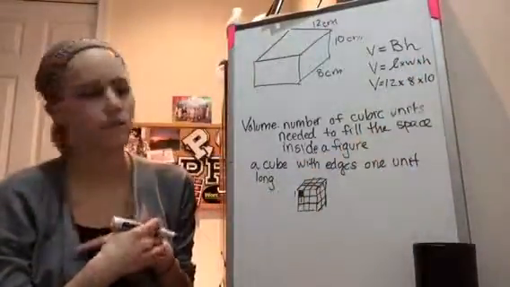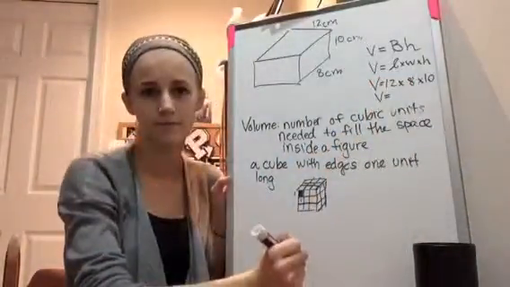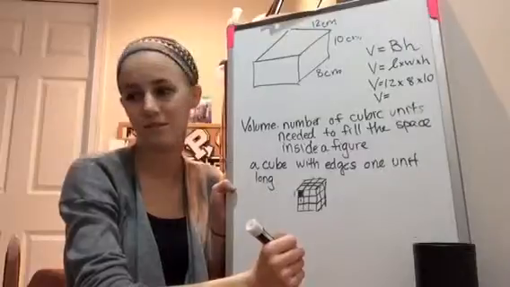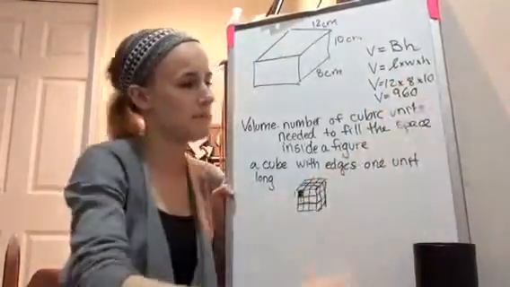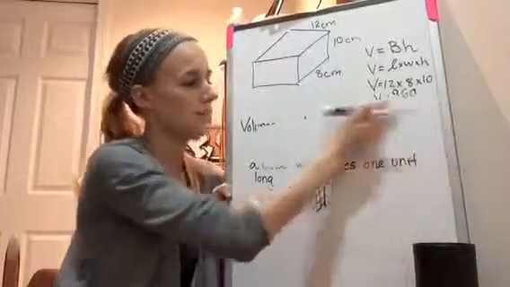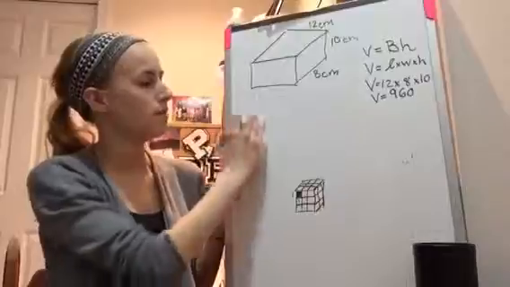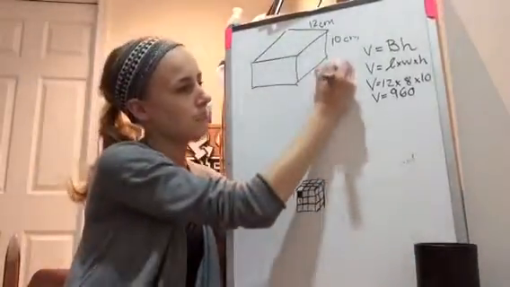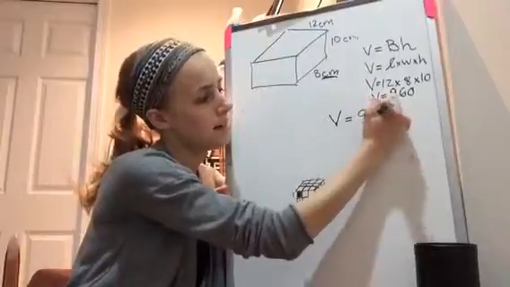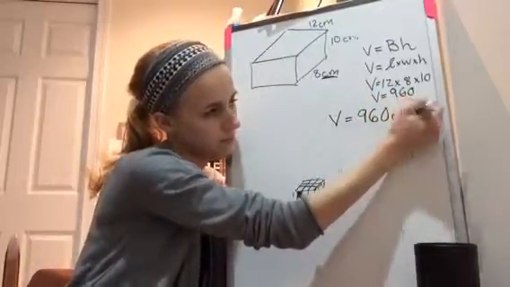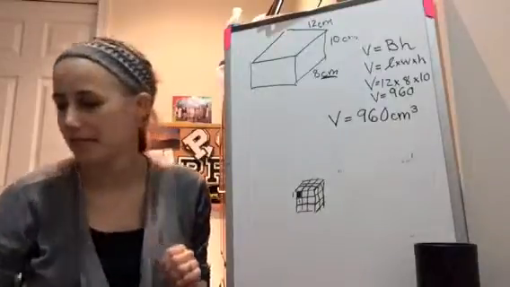When I plug that into my calculator, pausing so you can do it, I get 960. Now, I can't just leave it as 960. I have to look at my units. My units are centimeters, so I'm going to write V equals 960 centimeters cubed. Okay, I hope that makes sense.